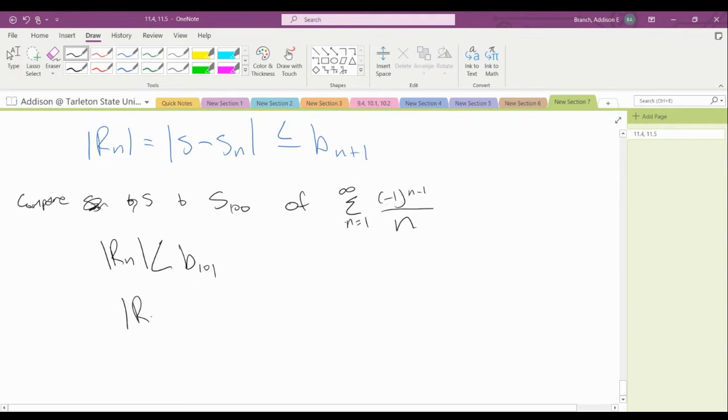So R_n is going to be less than 1 over n, so 1 over 101. If you put that into a calculator, that is approximately 0.0099.